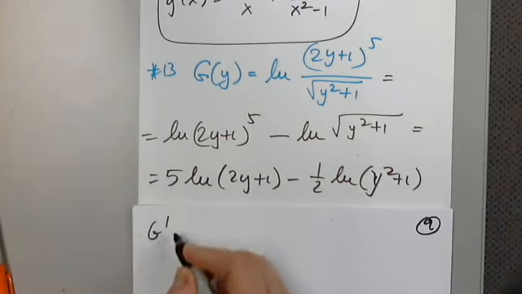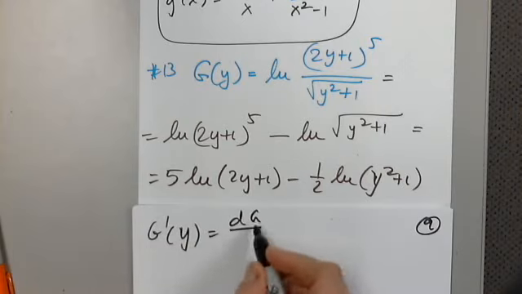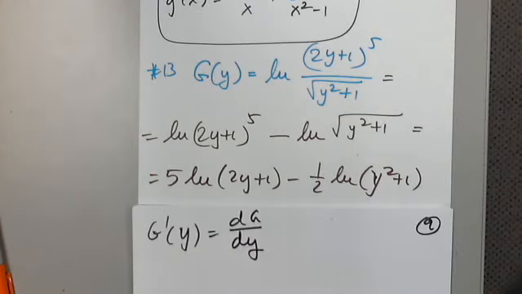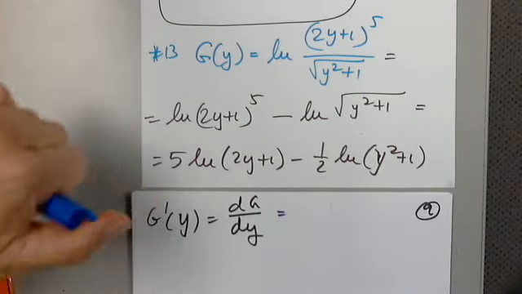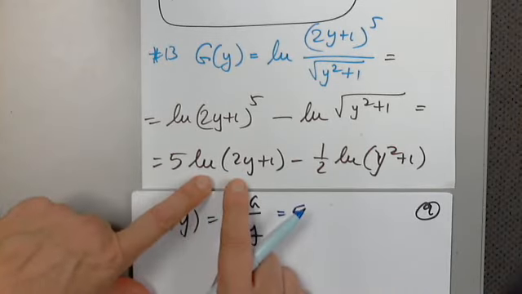And now we can differentiate g prime of y, or dg over dy, the derivative of g with respect to the variable y. Okay, so what do I write for the first one? I have the 5, and now I differentiate log.